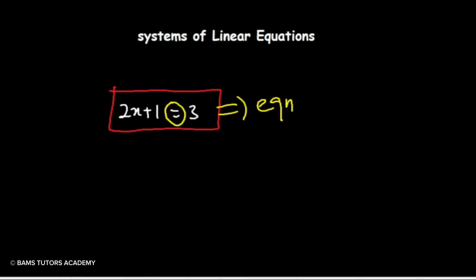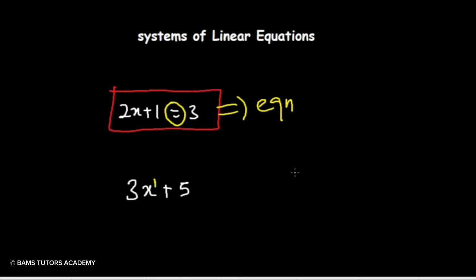So when we now say something is linear, linear means that, for example, if I should write 3x plus 5, if you check the power of the letter, what's the letter here? The letter here is x. So what's the power of the letter? It is 1. The letter has the power of 1.